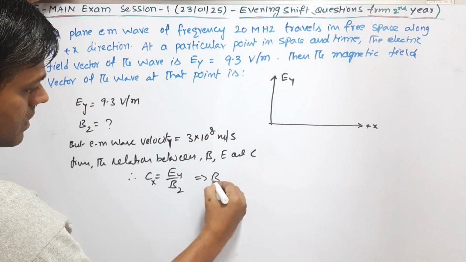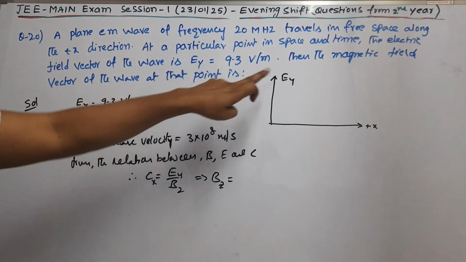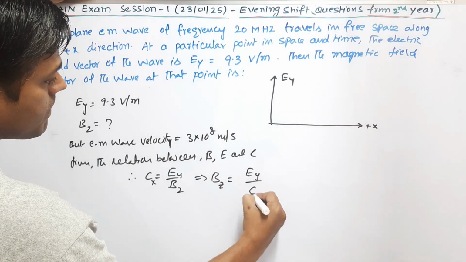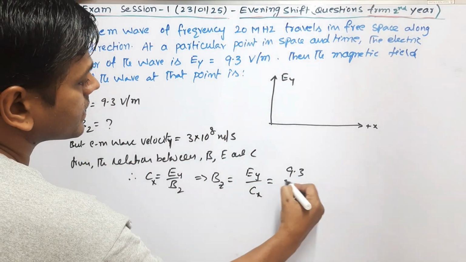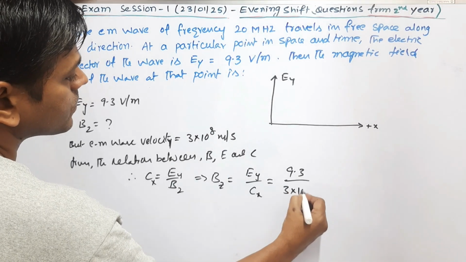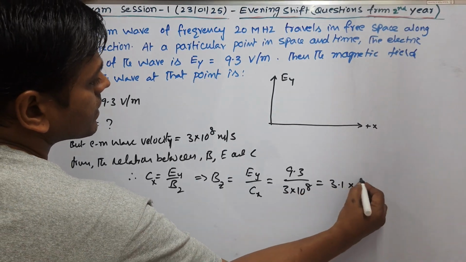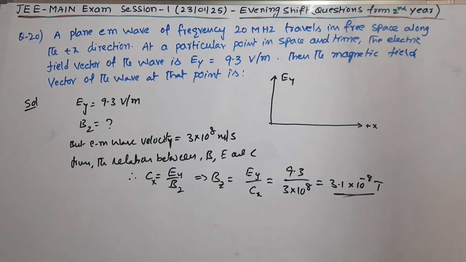Then the magnetic field vector Bz is equal to Ey by C. Ey is 9.3, C is 3 into 10 power 8, which gives 3.1 into 10 power minus 8 Tesla. Okay, right.